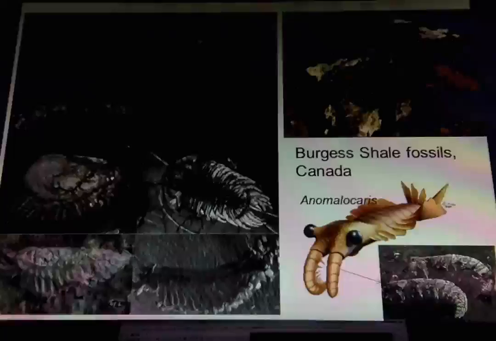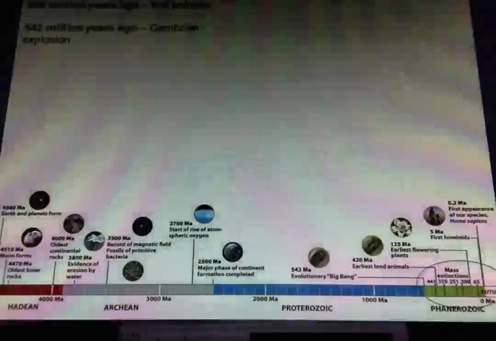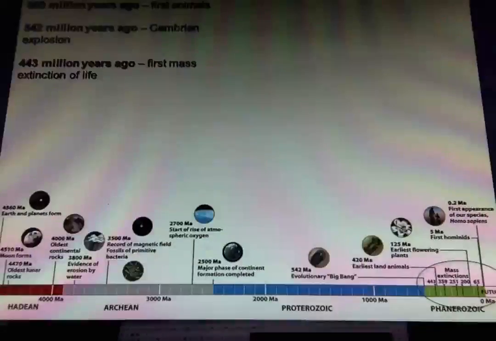Ignore those scientific movies. 600 million years ago, we have the first animals. 540 million years ago, we had that Cambrian explosion. 443 million years ago, we have the first mass extinction of life. So something occurred where a huge amount of organisms suddenly died out.